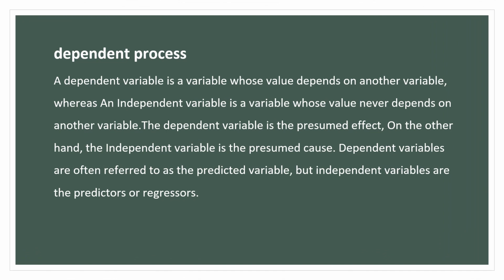A dependent variable is one whose value depends on other variables, whereas an independent variable is one whose value never depends on other variables.